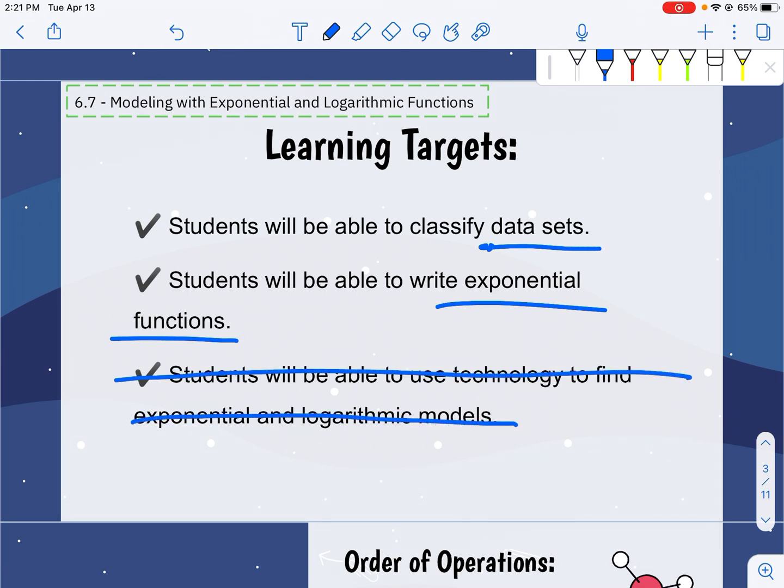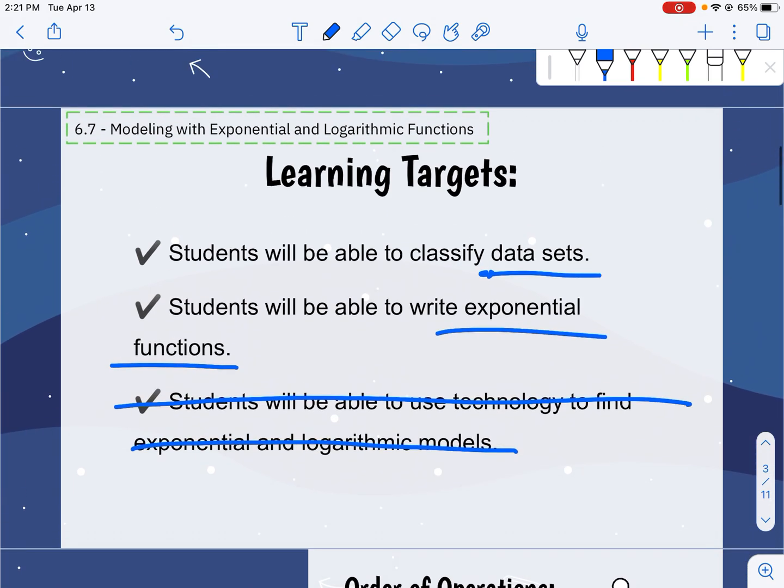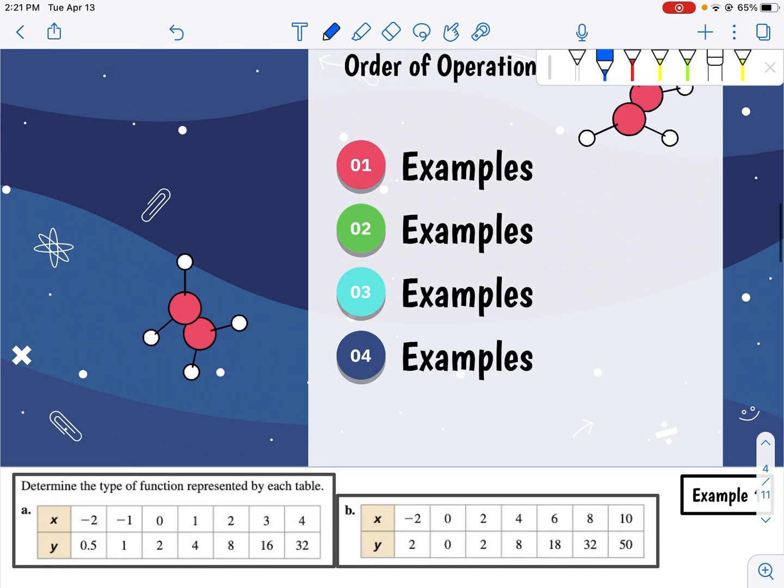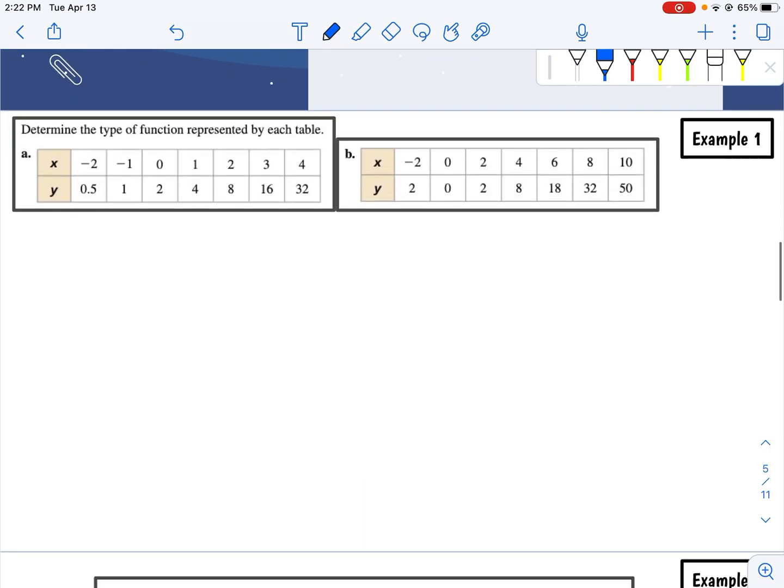That is unfortunately not something that we're going to be able to get to today, because I didn't find an app that was similar to a TI-84, and I don't want to spend a bunch of time showing you how to graph these on your iPad when we're going to need to know how to graph them on our calculator. So hopefully we'll get to do that soon.